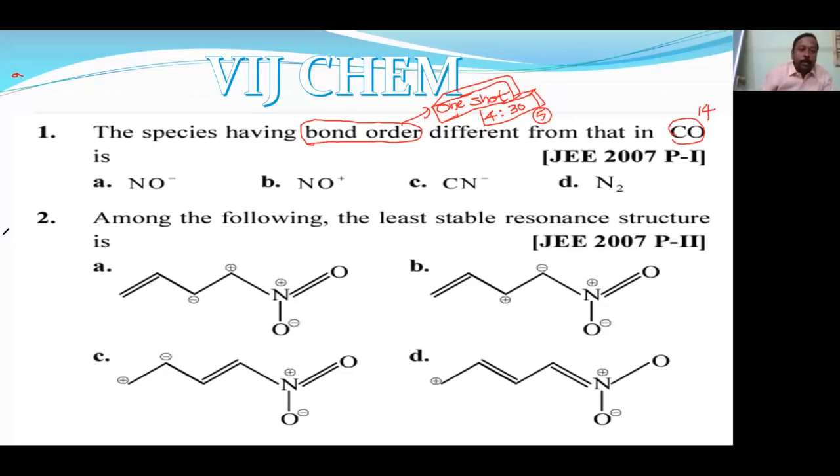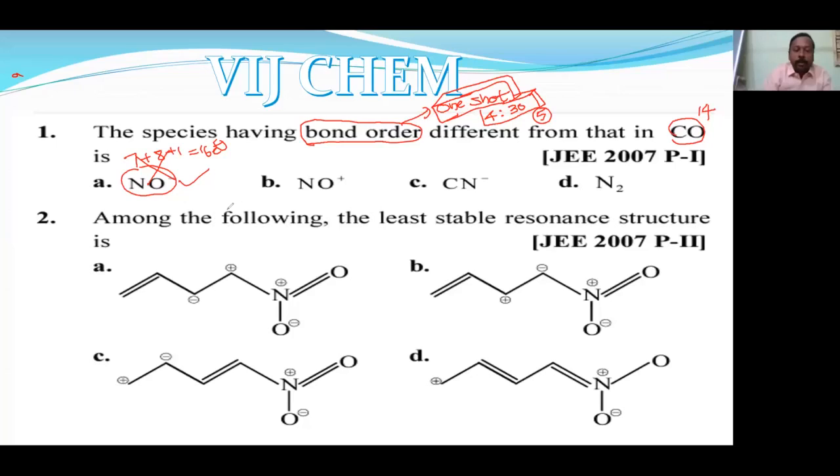In the first option, you will find NO minus. NO minus means 7 plus 8 plus 1, which is 16 electrons. So it is not isoelectronic, therefore it cannot have the same bond order. So answer A itself is correct. Understood? Like that you can save your time and proceed till the last.